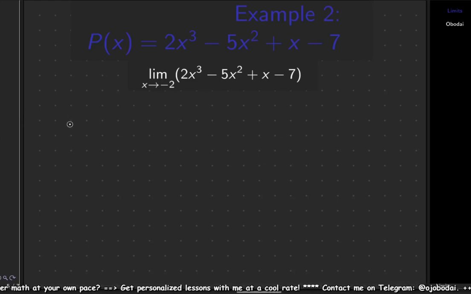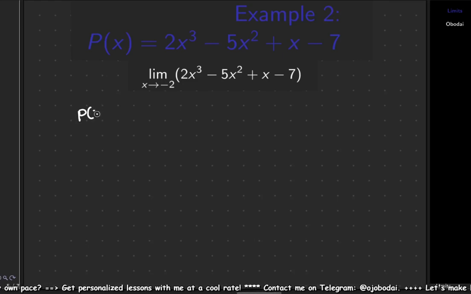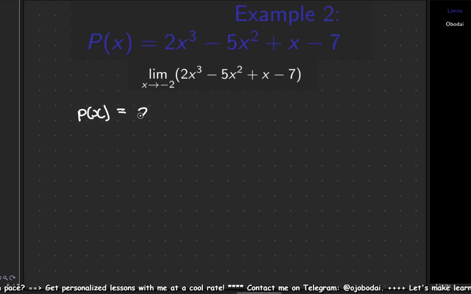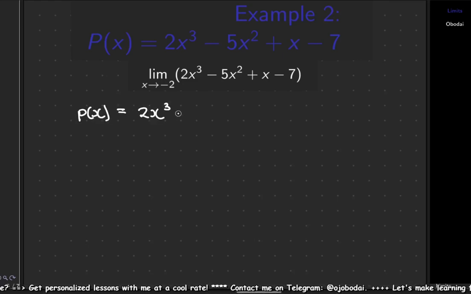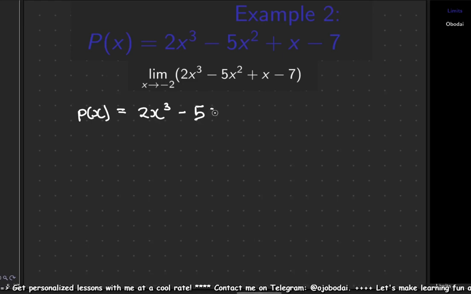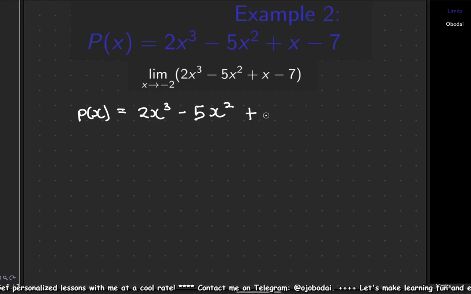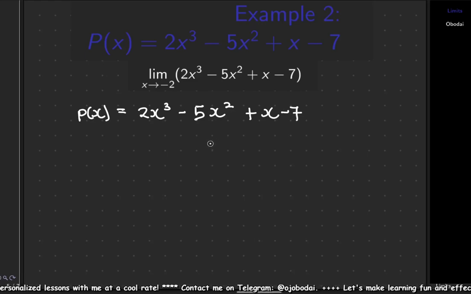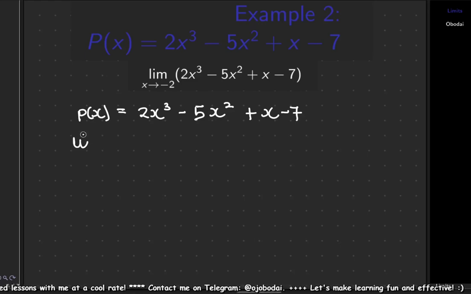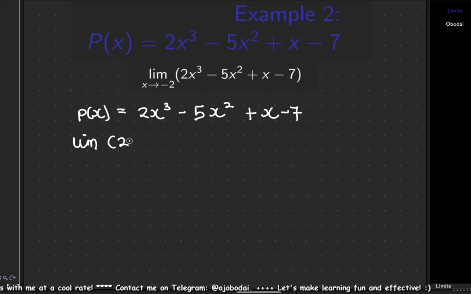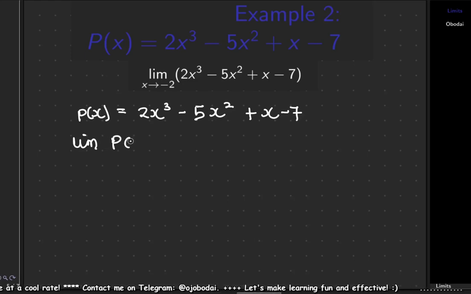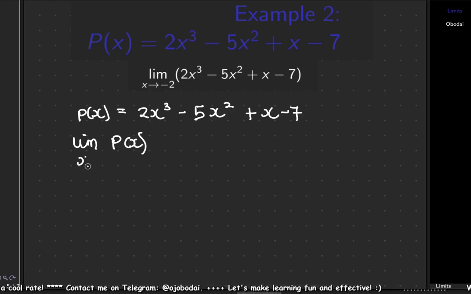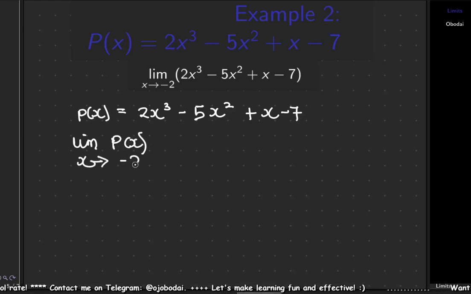Our solution: we know our p of x is given by 2x cubed minus 5x squared plus x minus 7. Do you see? Now we want the limit of this same p of x as x approaches negative 2.